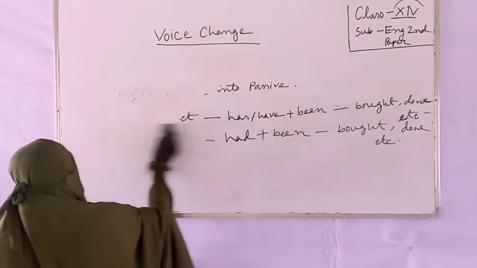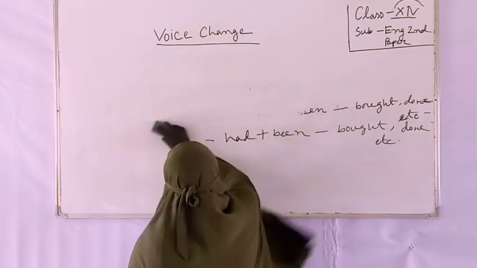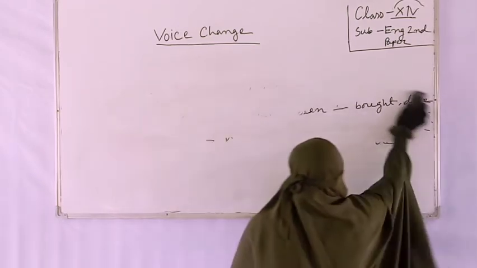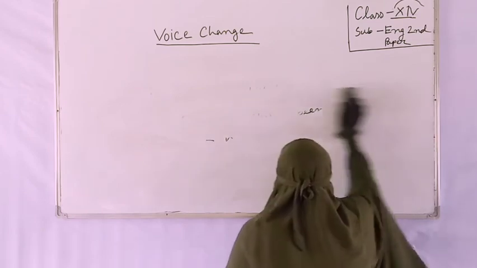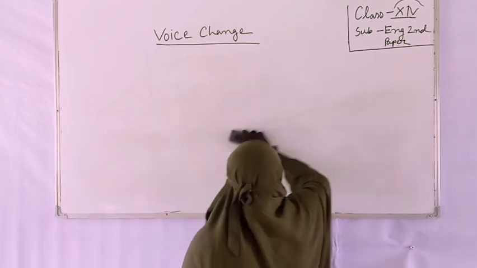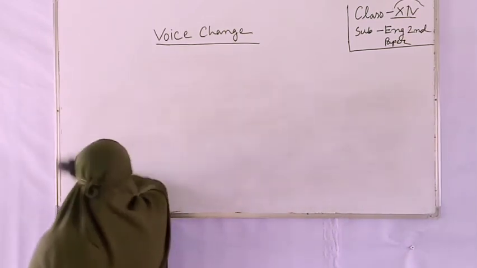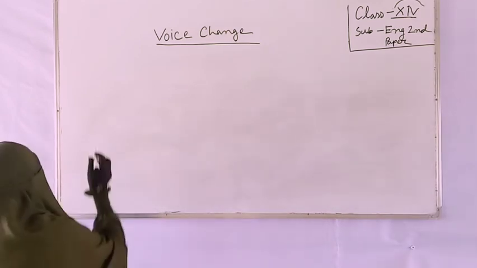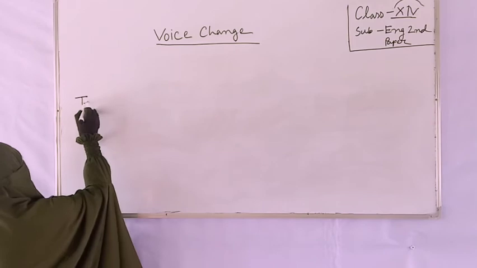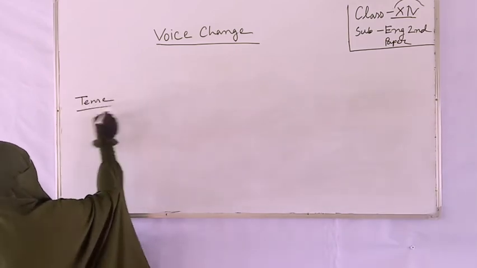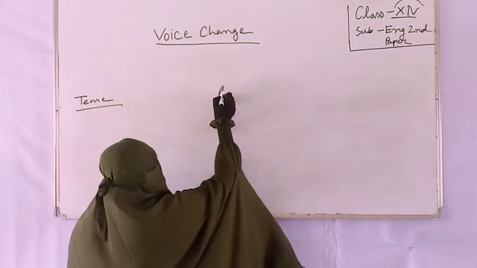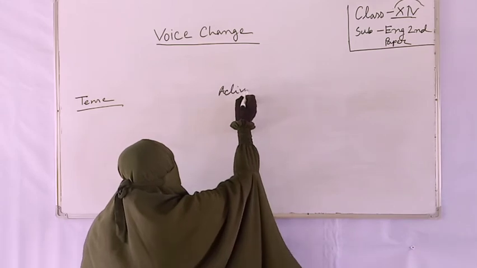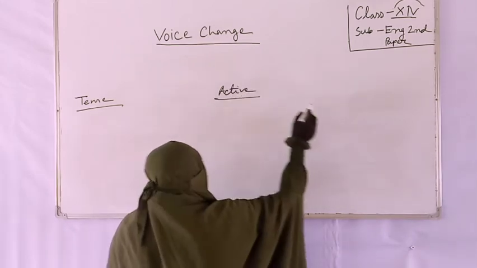We can make a table to make it more clear. Tense, active, passive.